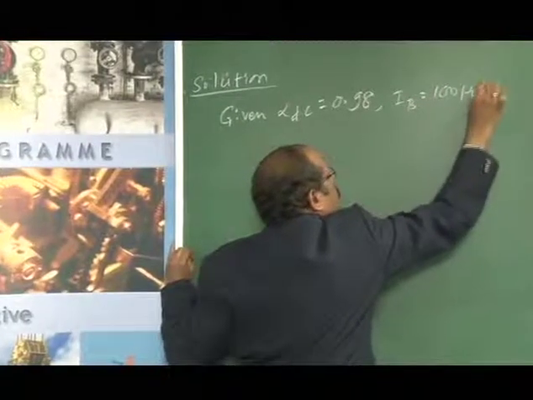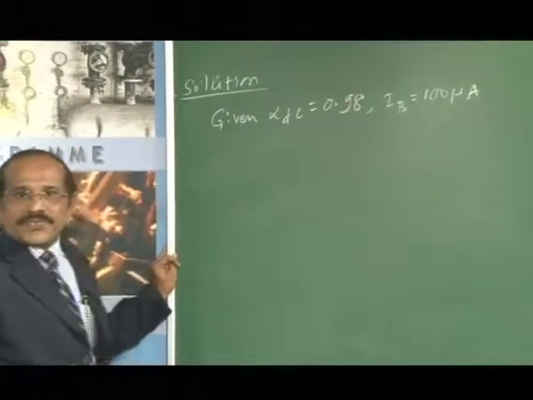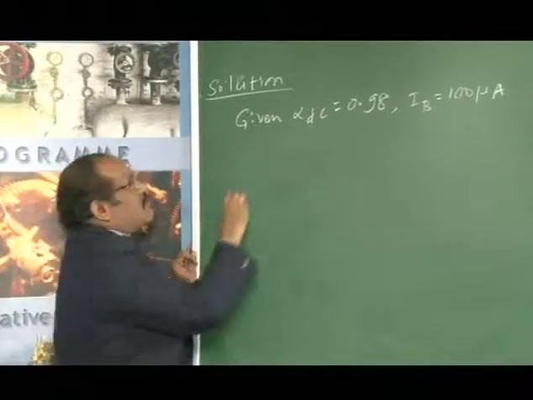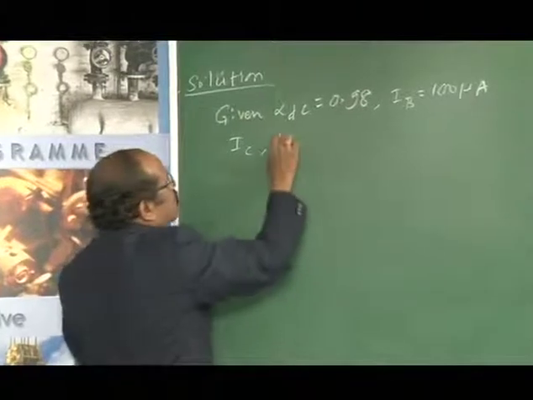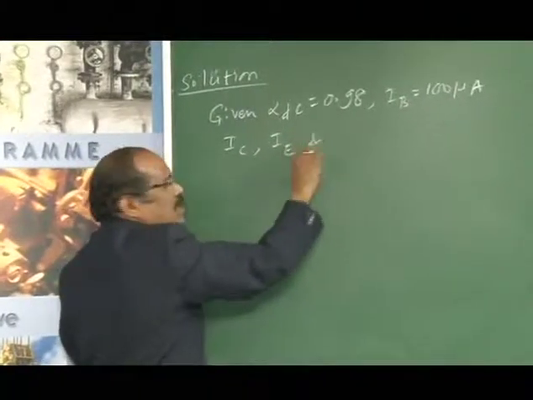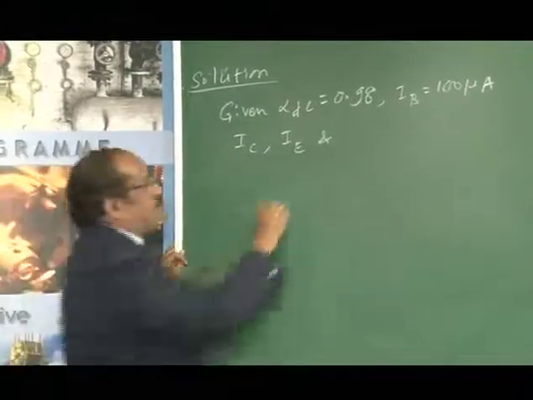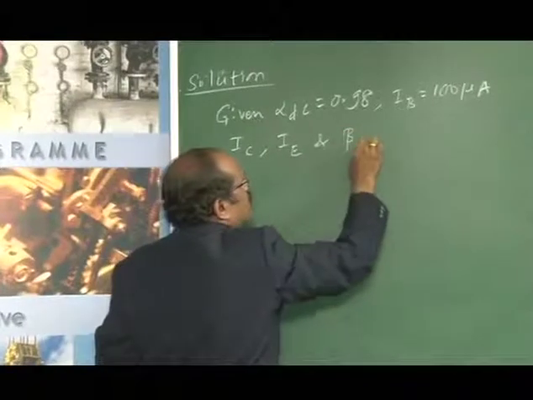So using these two data we need to calculate IC, then IE, and then the beta DC.